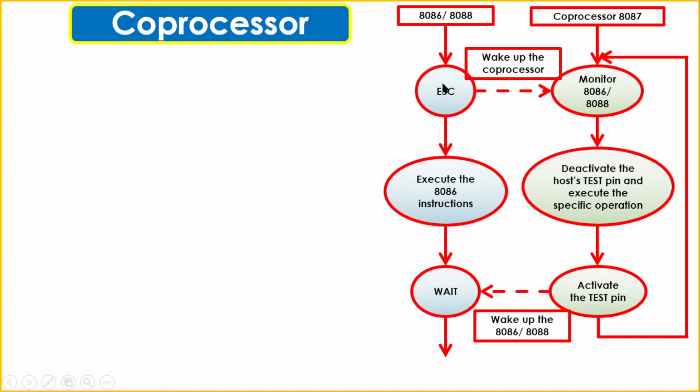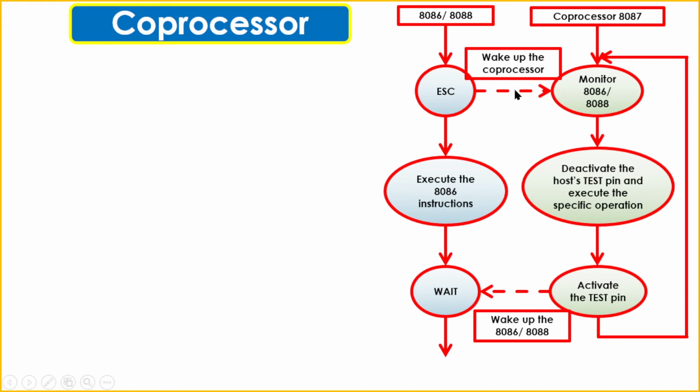The coprocessor will monitor whether escape is there or not. For every 86 instruction execution, the coprocessor will monitor for escape. If an escape instruction is written by the programmer, then the 87 will wake up.